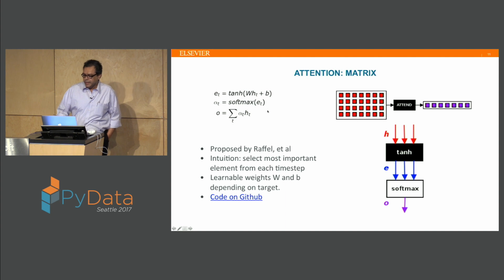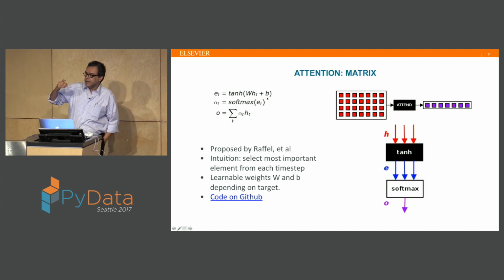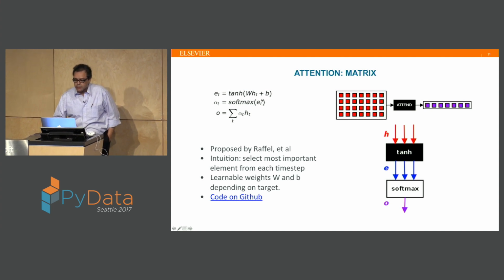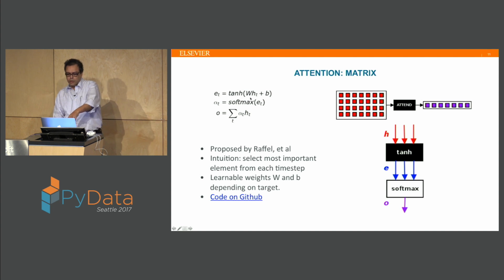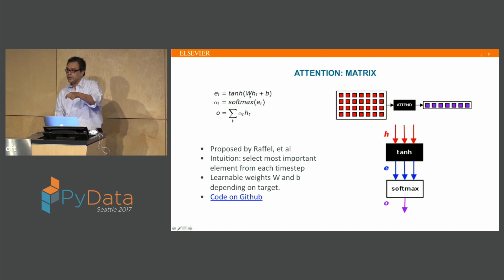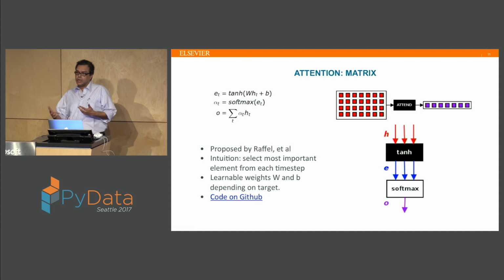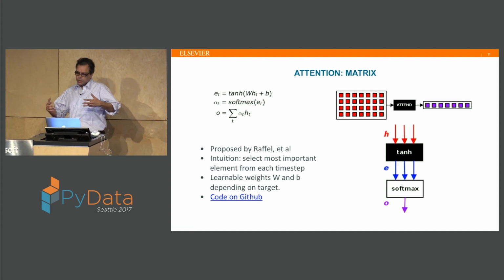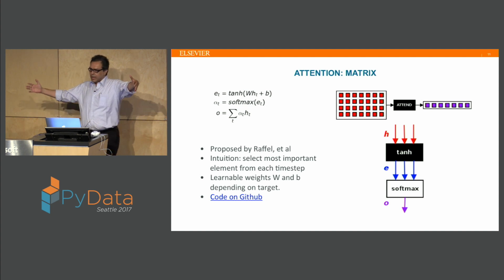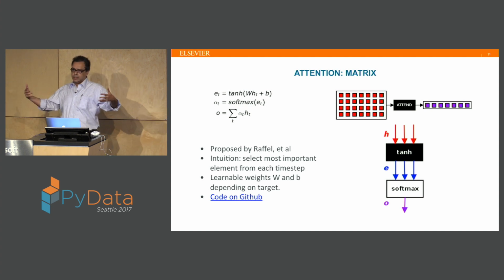So essentially, from the output of the LSTM that you got, that's H, and you have a weight matrix W and a bias vector B, which you learn, right? This happens during the training process, where you have this entire NLP pipeline and you are trying to train the network.